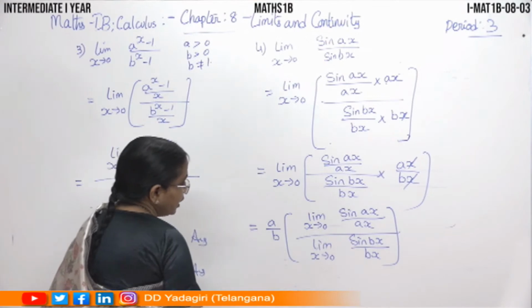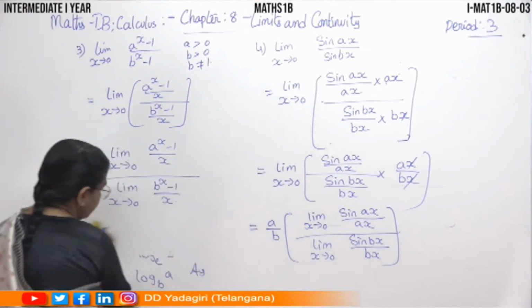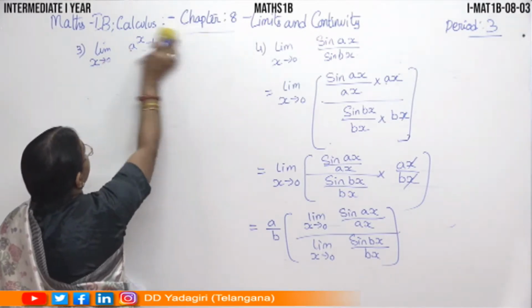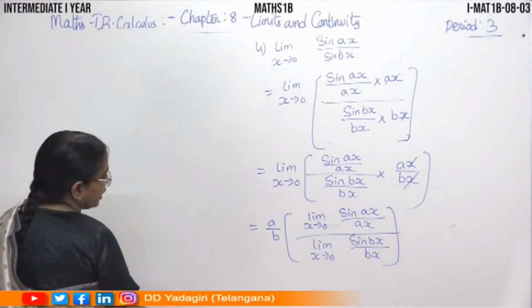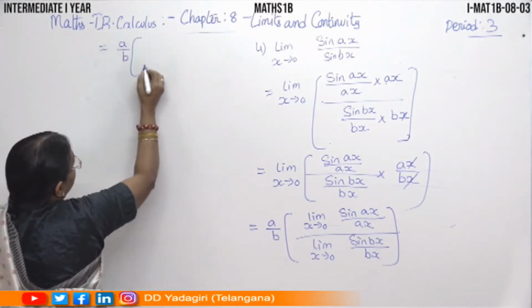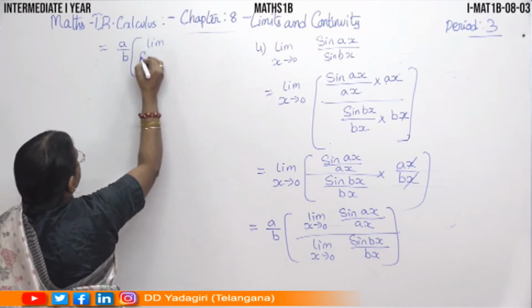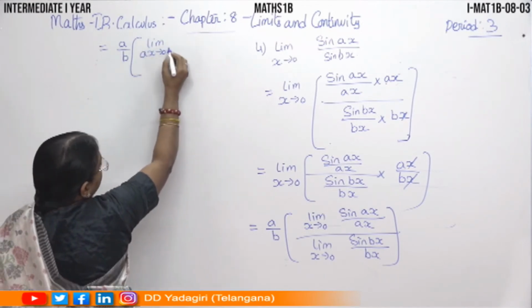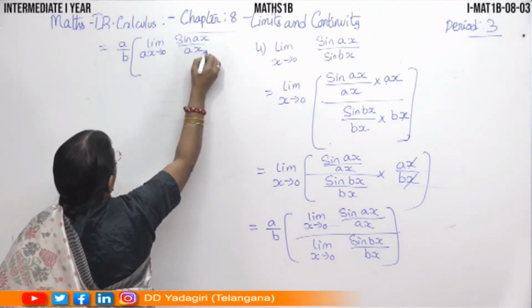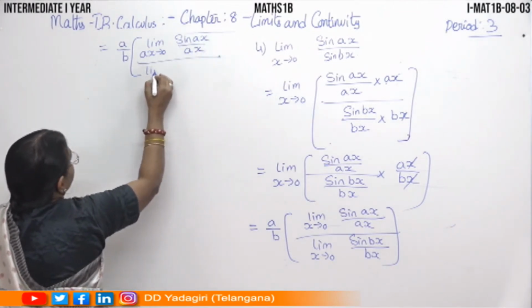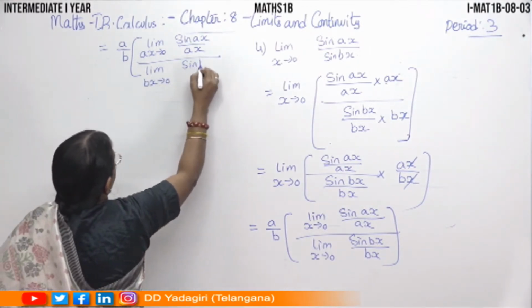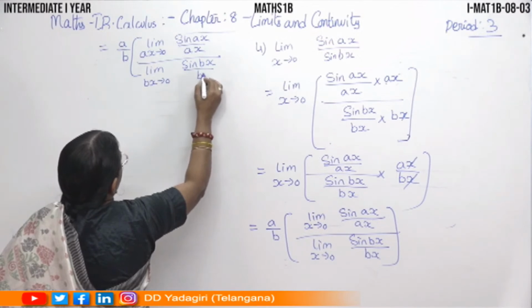Then ax tends to 0 and bx tends to 0. Then it is totally in the standard form. And now you can write the limit as a by b into limit of ax tending to 0 of sin ax by ax, divided by limit of bx tending to 0 of sin bx by bx.